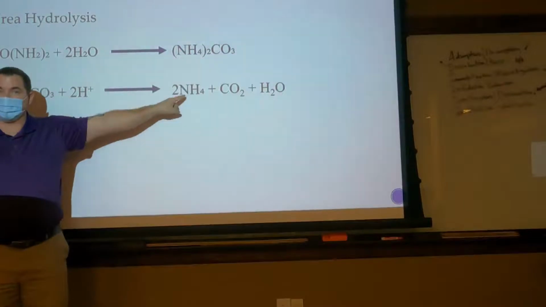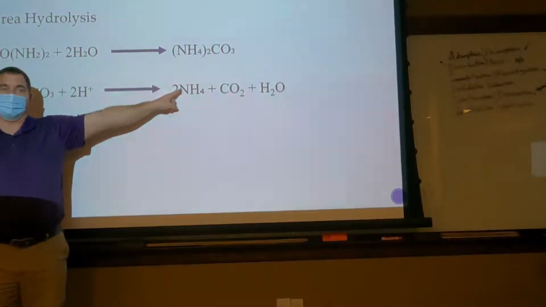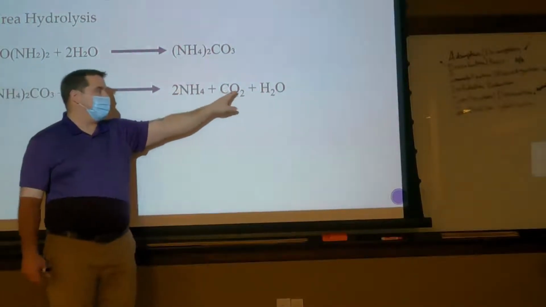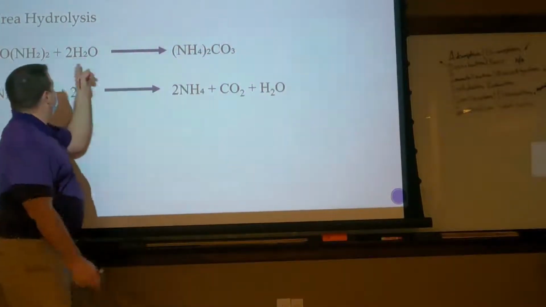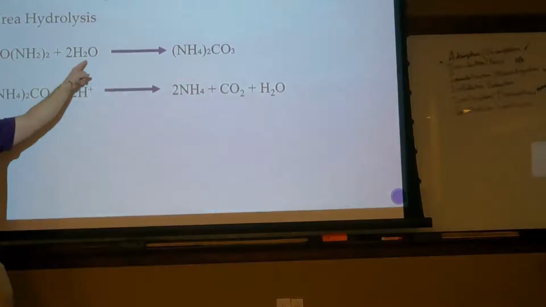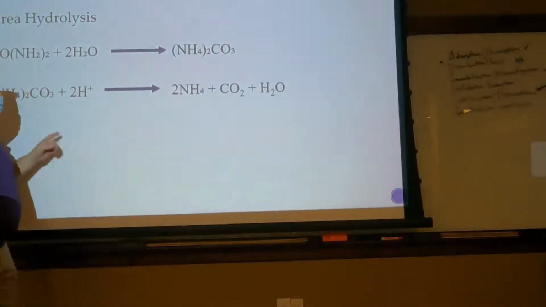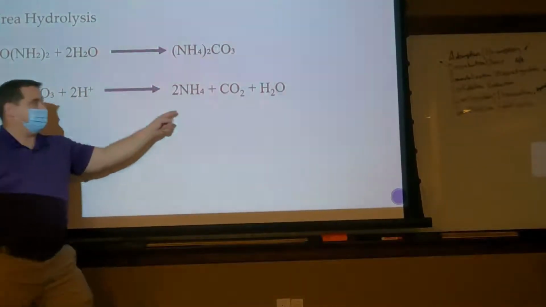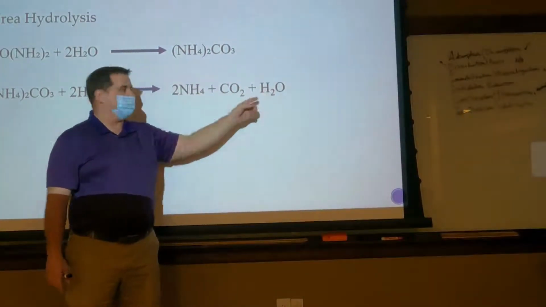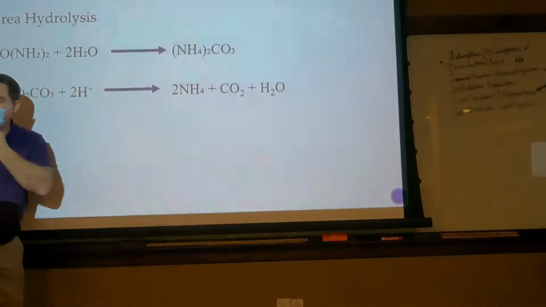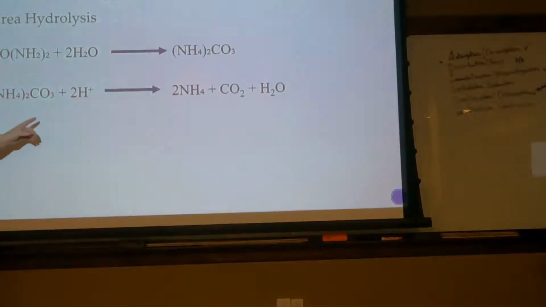Which is good for us because we're about to have 2 ammonia molecules be released, carbon dioxide, and water, the little molecule of water. So we had water, lost water, gained the hydrogens back, now we have water. The carbon dioxide goes off as a gas, water remains in the soil, and we have ammonium that can now be attached to the CEC, which is increased because we've increased the pH.